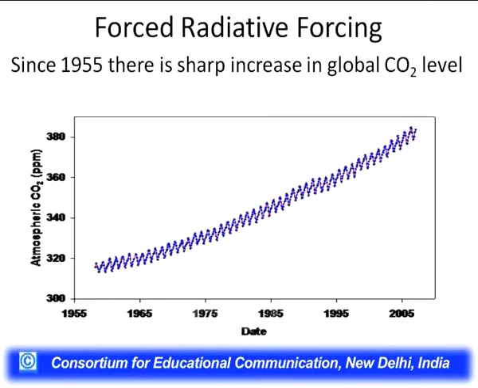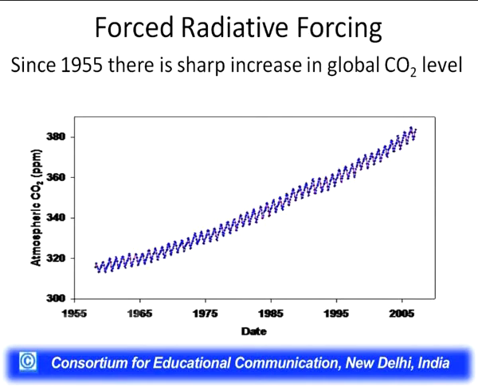Now if we zoom in further, we will see that from 1955 to 2005 there is a sharp rise in the atmospheric CO2 concentration. In ppm, it has increased from 320 ppm to 380 ppm. I mean, there is a very significant increase in CO2 concentration in units of ppm.